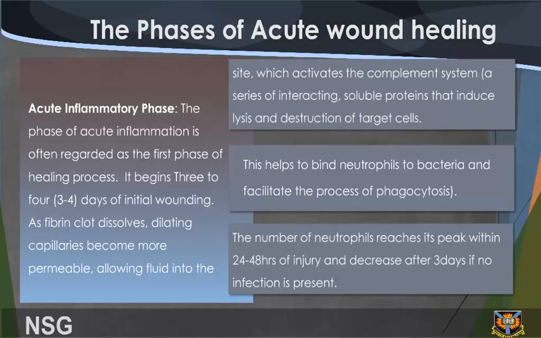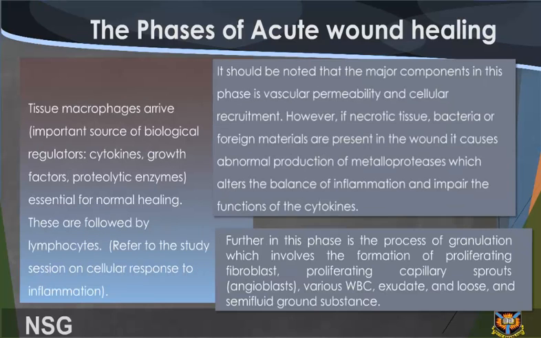The number of neutrophils reaches its peak within 24 to 48 hours of injury and decreases after 3 days if no infection is present. Tissue macrophages arrive, an important source of biological regulators, cytokines, growth factors, and proteolytic enzymes, essential for normal healing.